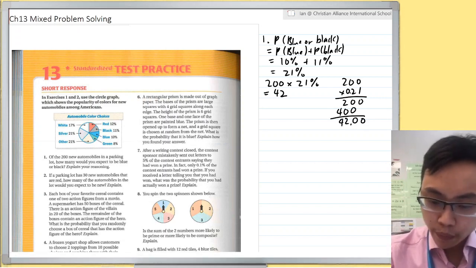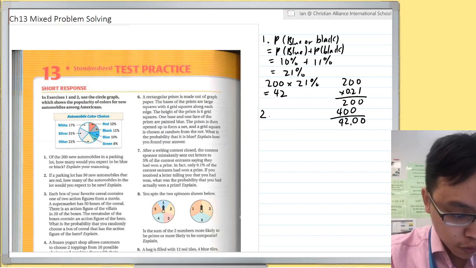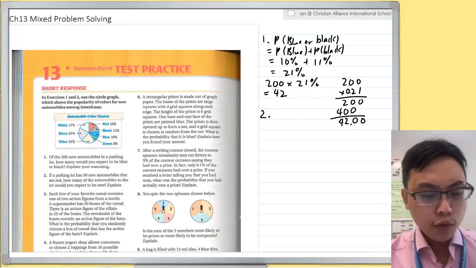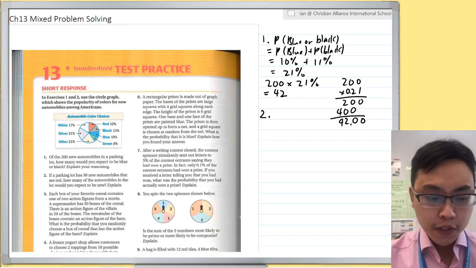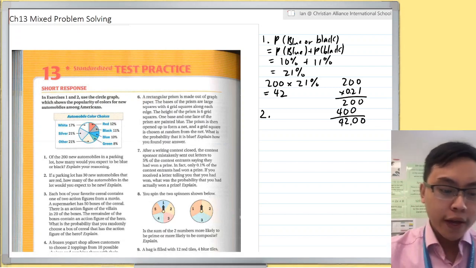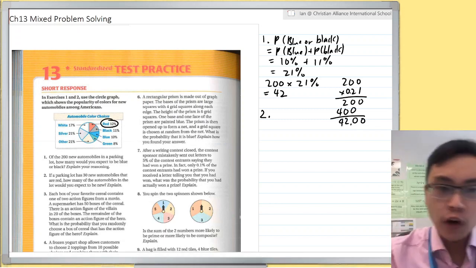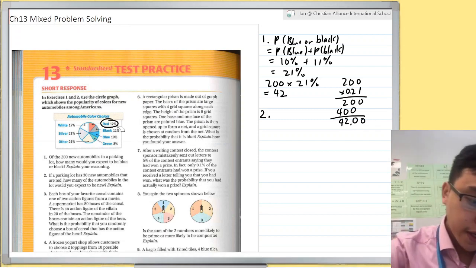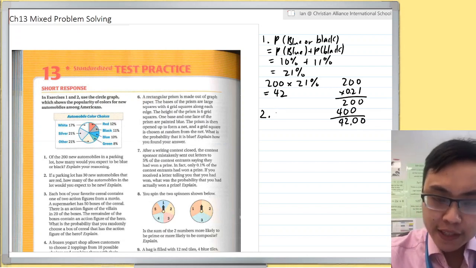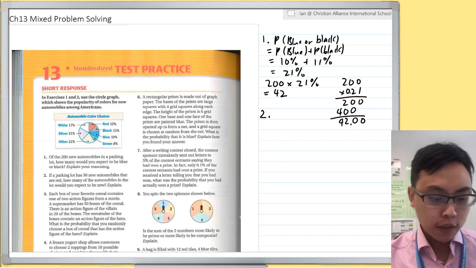So that's question 1. For question 2, a parking lot has 30 new cars that are red, and we know that 12% of cars are red. We want to find the number of cars in the parking lot.